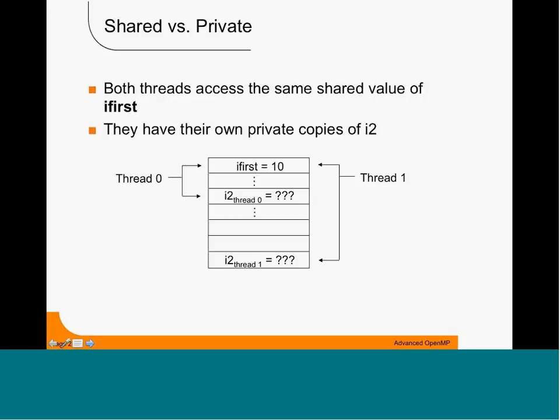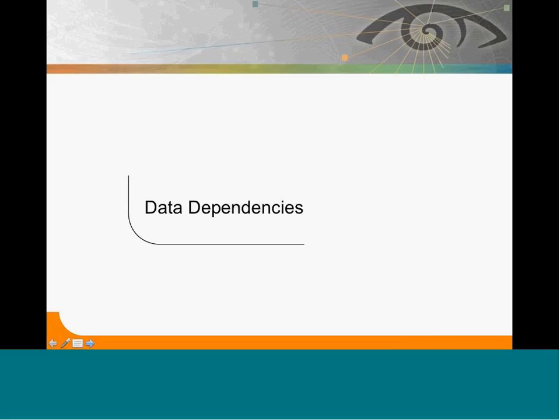So it is the same value of I first, and they have their own private copies of I first. Thread 0 has I first equal to 10, and it has its own copy, and thread 1 can access I first, and it has its own copy of I first.